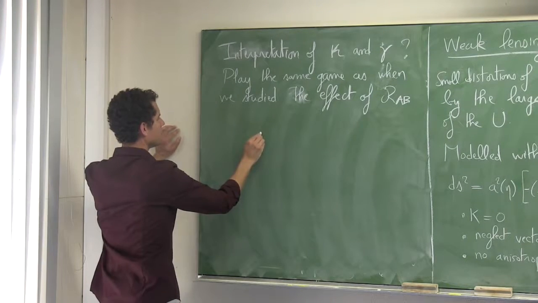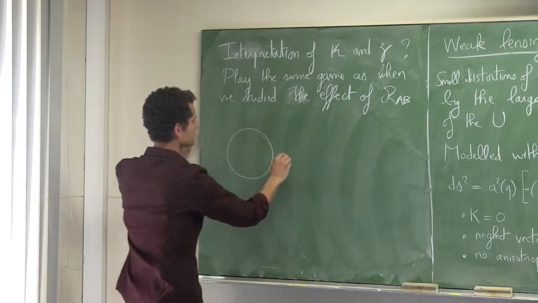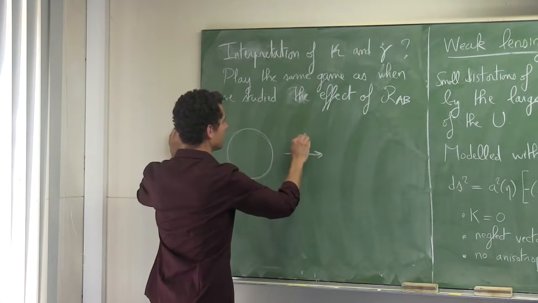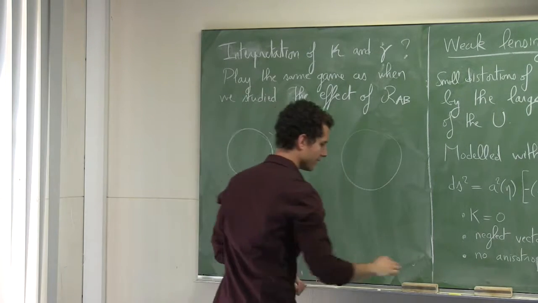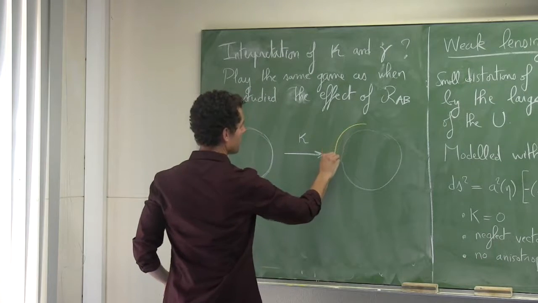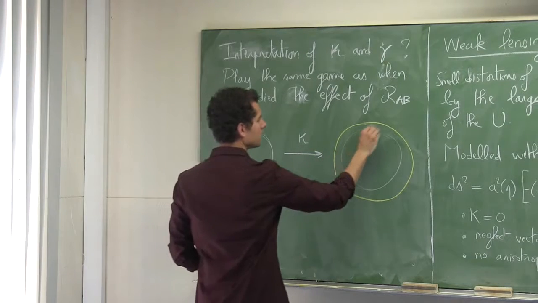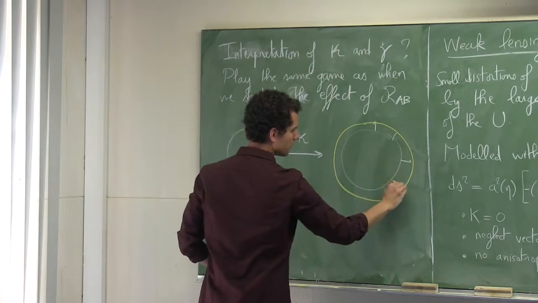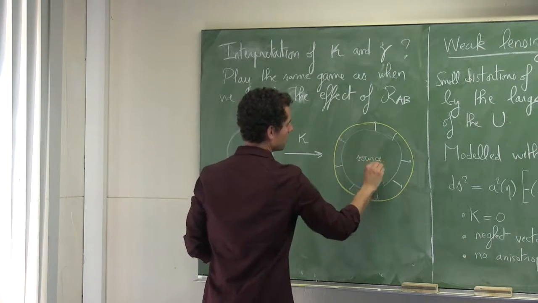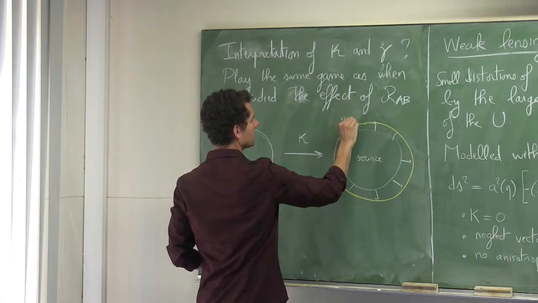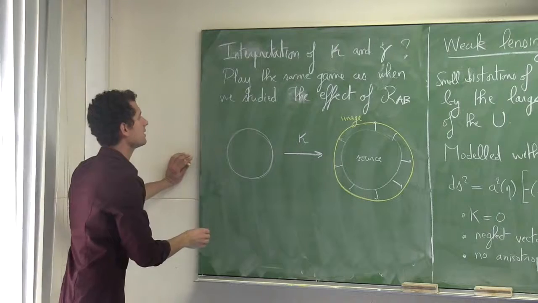You will realize that if you take a circular source and apply a given kappa, you will have some isotropic focusing of your image. So this would be the source, this would be the image, with a global magnification of it.